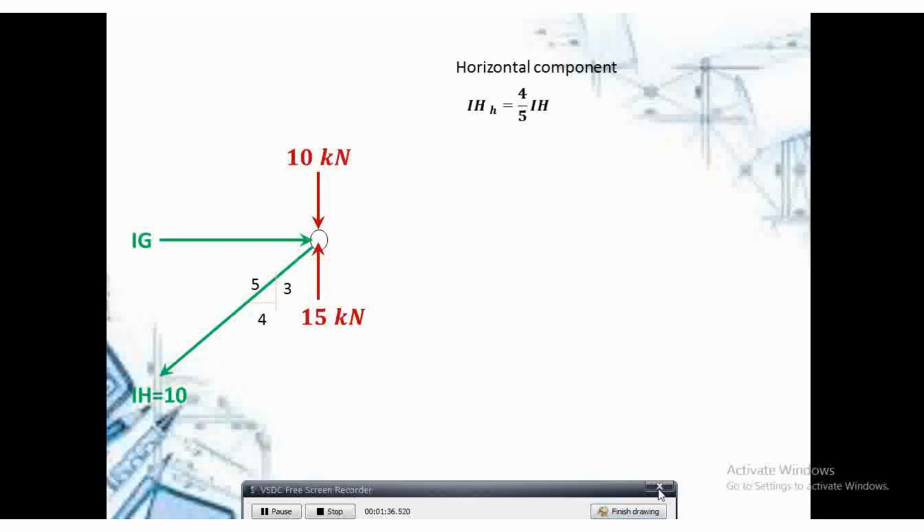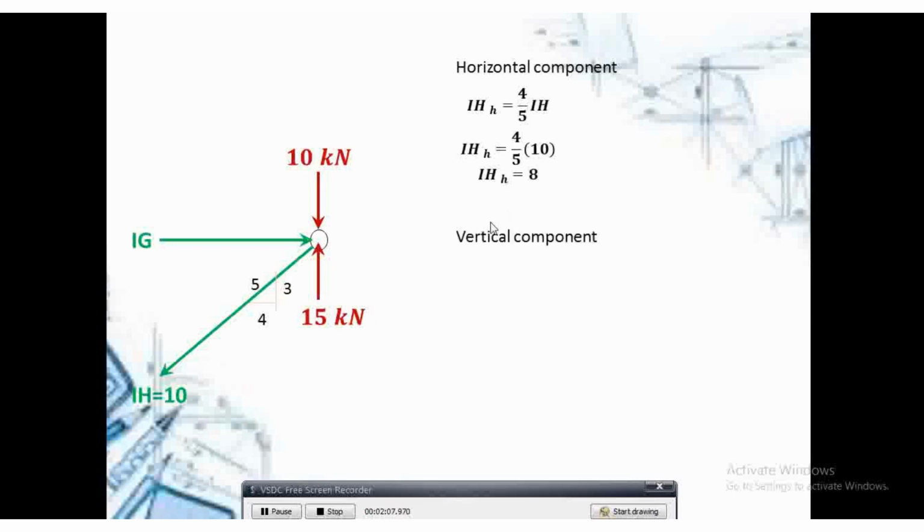What is this 4? If you notice, this 4 corresponds to the horizontal of the slope, divided by the hypotenuse of that small triangle that you see, multiplied by the force IH. IH for this case is 10. Therefore, the horizontal component of my IH is equal to 8.